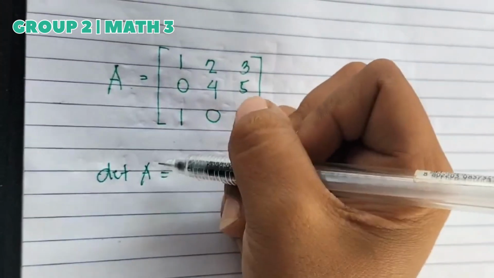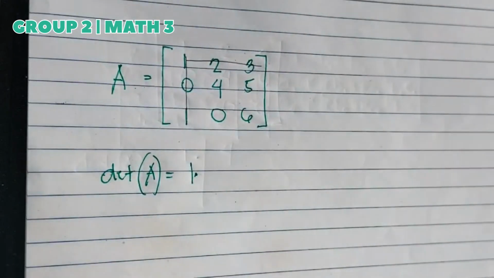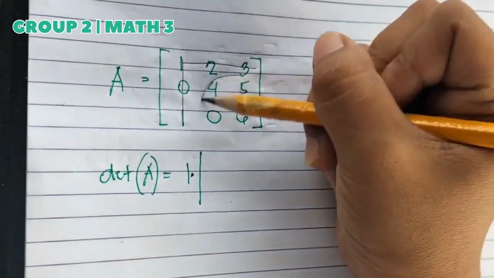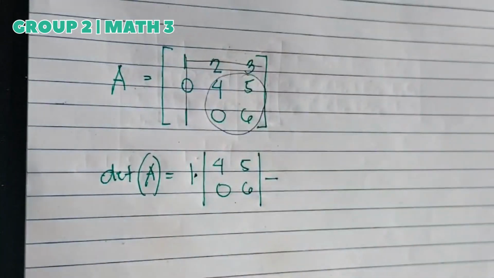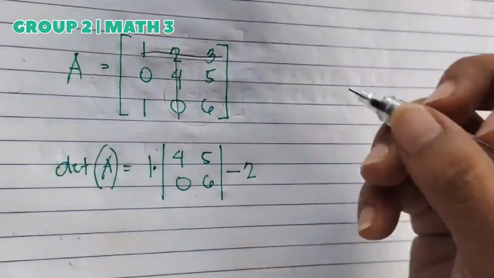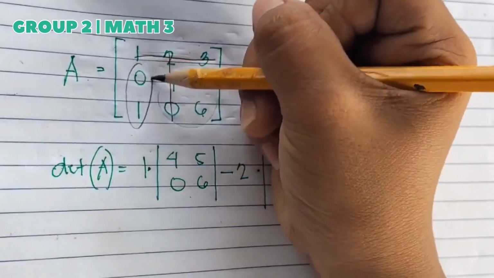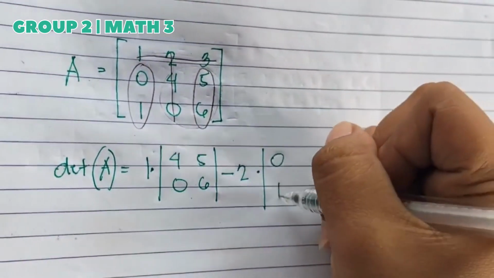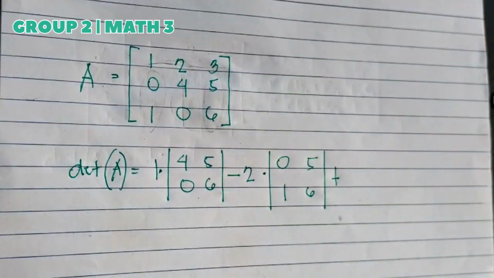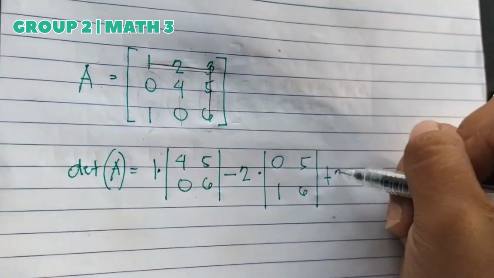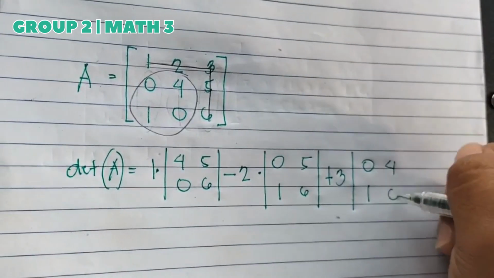Determinant A equals 1 times the absolute value of 4, 0, 5, 6, minus 2 times the absolute value of 0, 1, 5, 6, plus 3 times the absolute value of 0, 1, 4, 0.